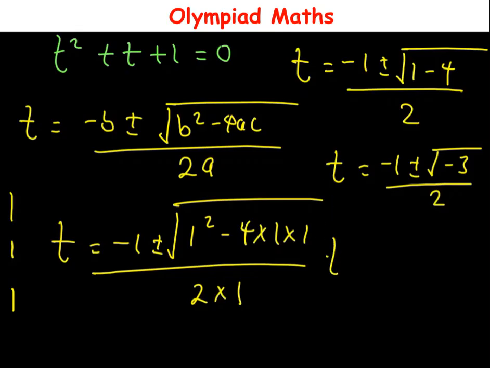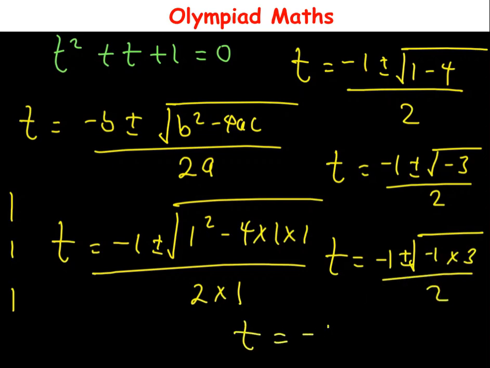The value of t is then equal to minus 1 plus or minus, we can write root minus 3 as root minus 1 times 3, then all over 2, such that the value of t is equal to minus 1 plus or minus root minus 1 times root 3, then all over 2.